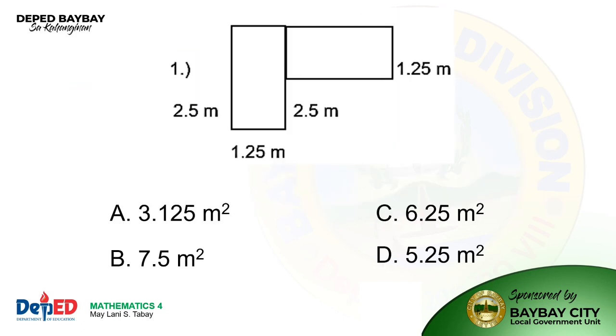Number 1. A. 3.125 meters squared. B. 7.50 meters squared. C. 6.25 meters squared.